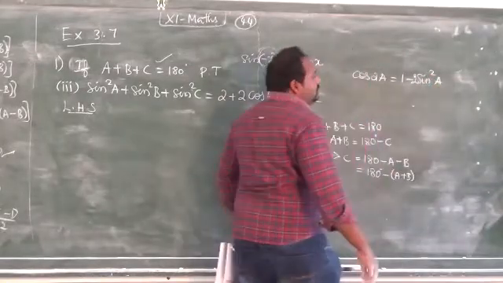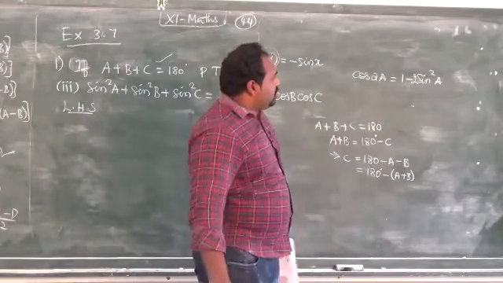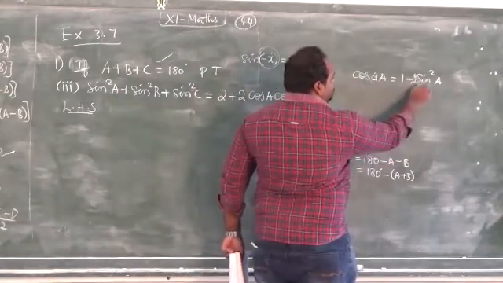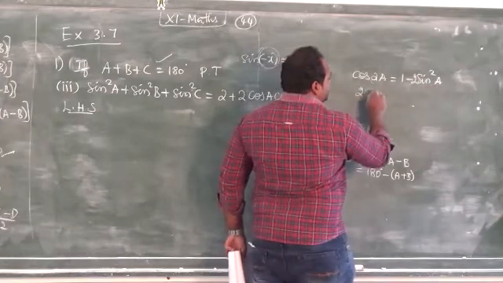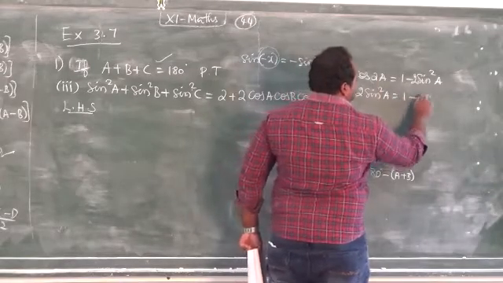The same formula once again I am using in this problem also. Here cos 2a, bring this side, 2 minus 2 sin square a, if you bring this side it will become positive 1.